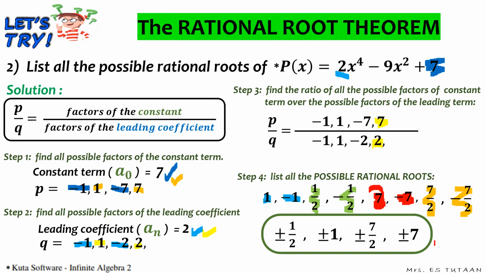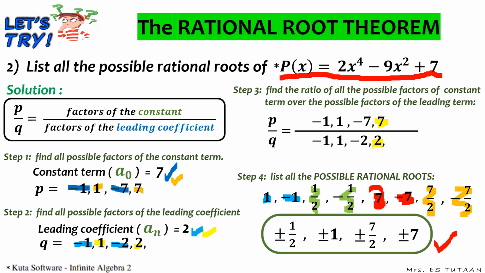Okay? So, ibig sabihin, lahat ng roots ng ating polynomial function na p of x is equal to 2x to the 4th minus 9x squared plus 7, pag sinabi natin roots, pag sinubstitute natin sa variable x, magiging ito ay equal to 0.